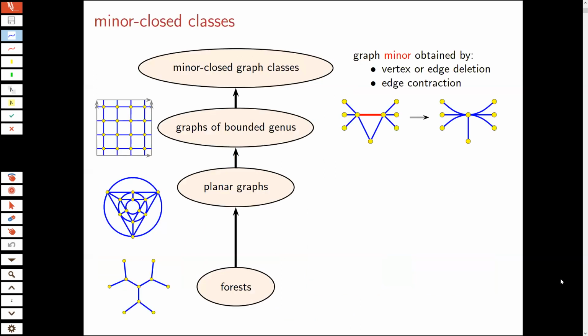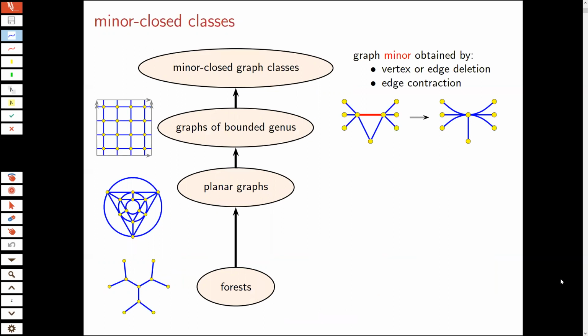Let me start with this general picture of minor closed graph classes. So at the bottom of the picture, we have the simple class of forests, which are examples of planar graphs, which are examples of graphs of bounded genus, meaning they can be embedded on a fixed surface. And all these are examples of minor closed classes.